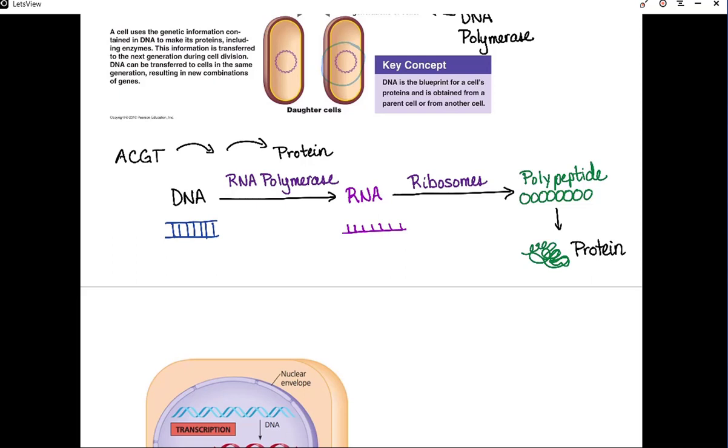For our purposes, we're really just interested in going from DNA to polypeptide. Now, going from DNA to RNA and RNA to polypeptide are two separate steps, and they have names. So going from DNA to RNA is called transcription.